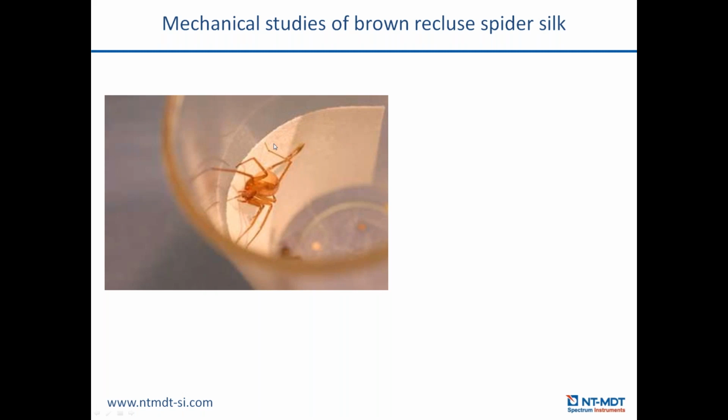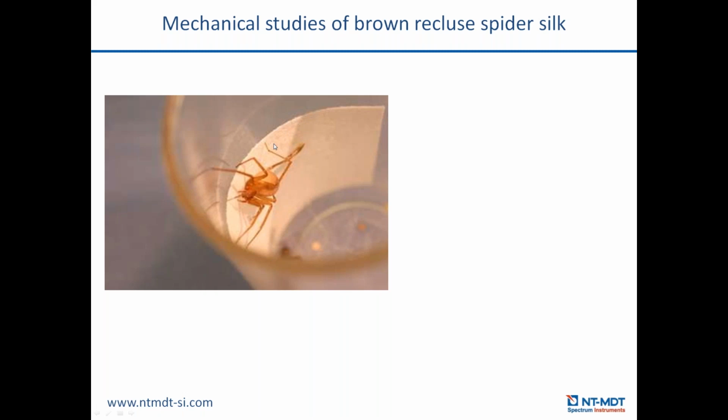Spider silk is 5 times stronger than a steel cable of the same weight. So if you make a steel cable of the same size, the spider silk will be 5 times stronger. So it is very important to understand the properties of this material at the nano level to understand how we can synthesize such kinds of materials. The size of silk ribbons is about 10 micrometers wide and only a few nanometers thick.